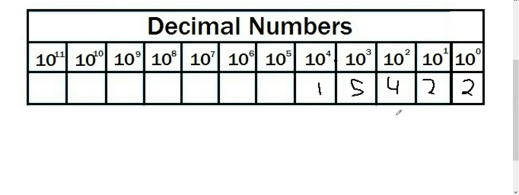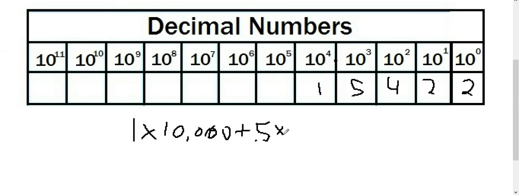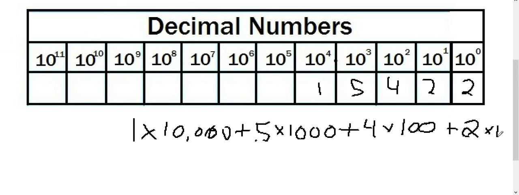If you wanted to write this number down in expanded notation, you would have 1 times 10,000 plus 5 times 1,000 plus 4 times 100 plus 2 times 10 plus 2 times 1.